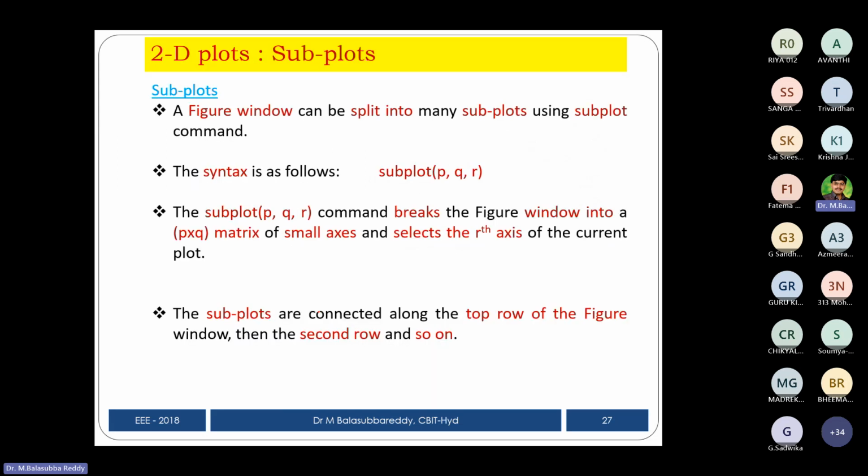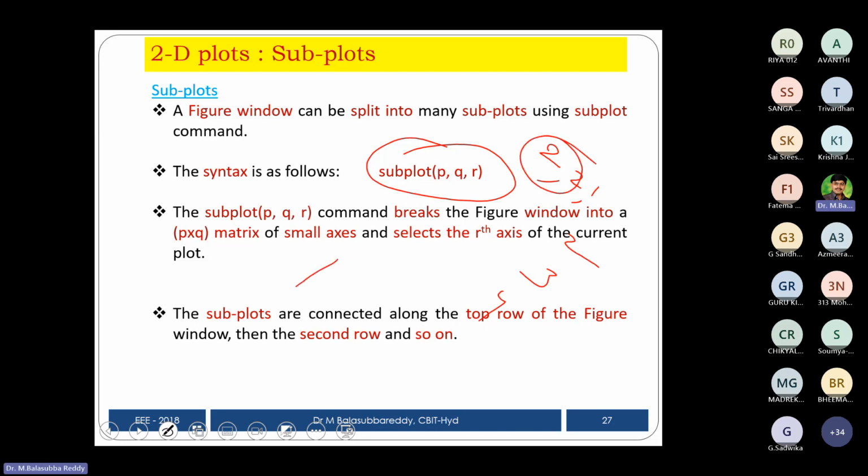Now we can see subplot P, Q, R. What is the meaning of that? P is the number of rows, Q is the number of columns, and R is the position: 1, 2, 3, 4. Suppose 2 cross 2 means your graph is divided into 2 rows, 2 columns.